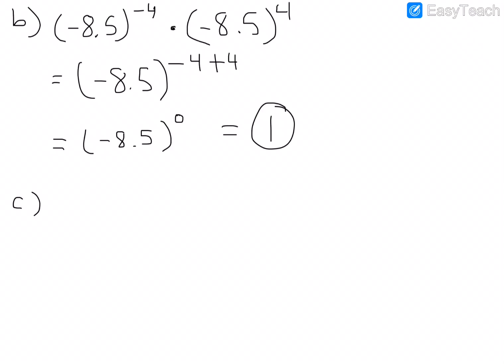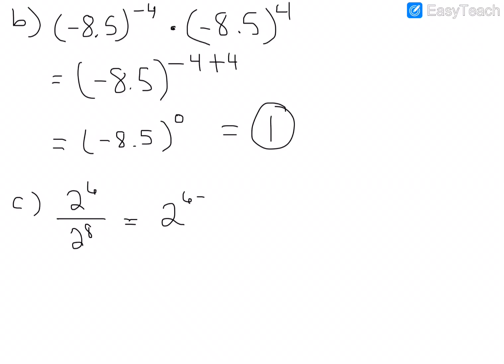Okay, how about 2 to the power of 6 divided by 2 to the power of 8? Here I'm dividing exponents with the same base. So remember, we subtract. You always take the numerator exponent first minus the denominator exponent.